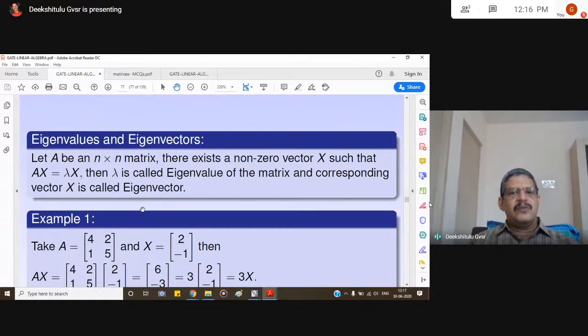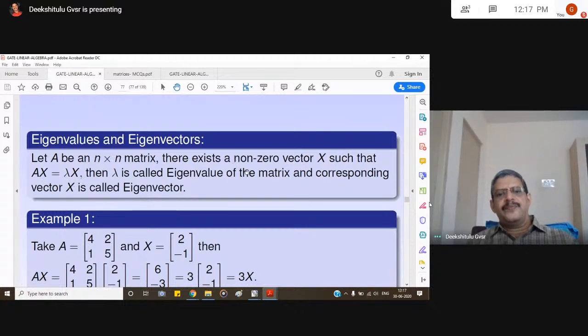So what is an eigenvalue and what is an eigenvector? Let A be an N by N matrix. Mind you, when I say eigenvalues and eigenvectors of a matrix, don't ask me whether A is a square matrix or a rectangular matrix. A must be a square matrix. For an N by N matrix, there exists a non-zero vector x such that Ax is equal to lambda x.